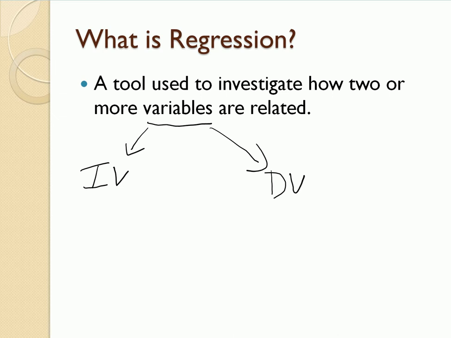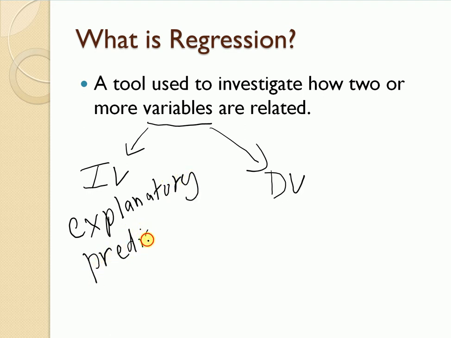The independent variable then is also called the explanatory variable, the predictive variable, or the regressor. The dependent variable, on the other hand, is the variable which is affected as a result of changing the levels of the independent variable.